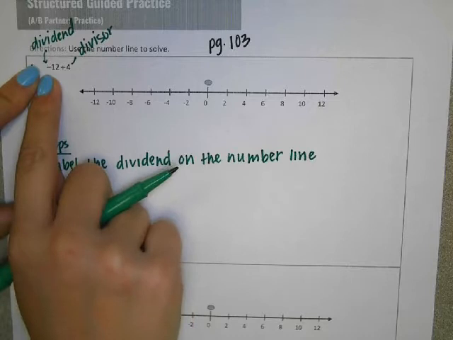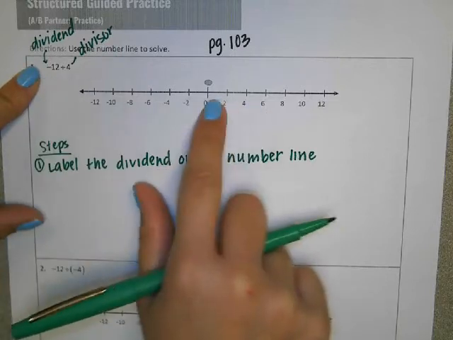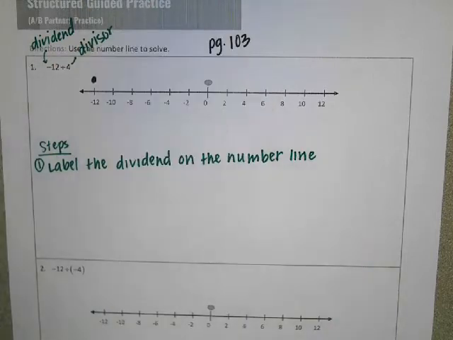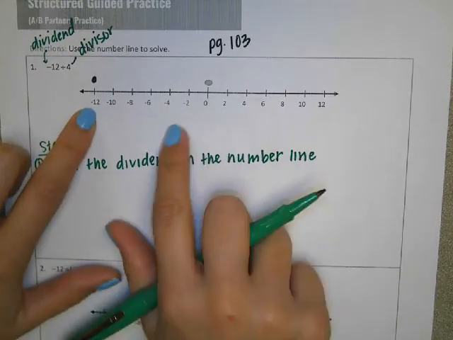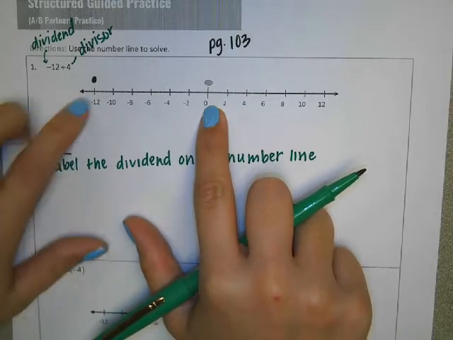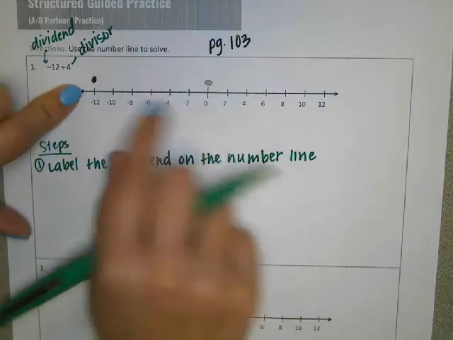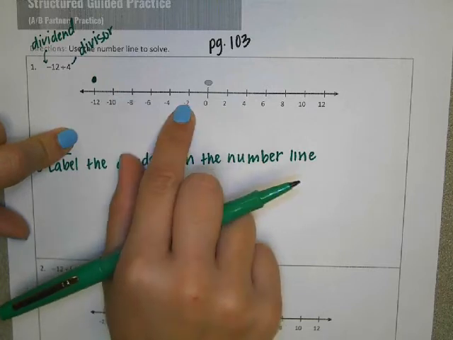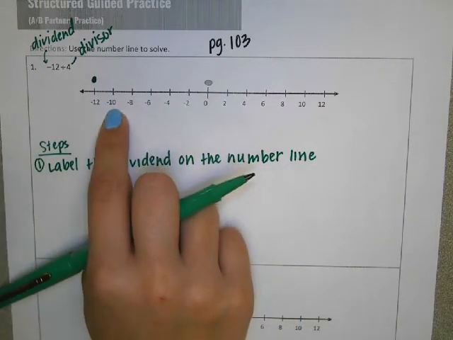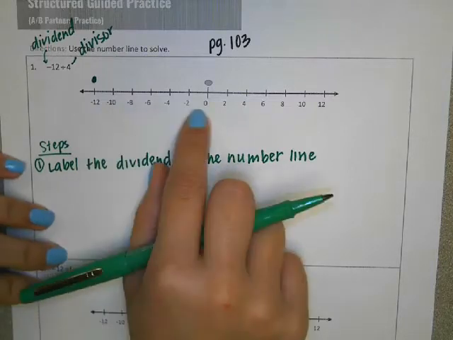So my dividend is negative 12. So I'm going to find negative 12 on my number line, and I'm just going to put a little circle there. So now I have negative 12 labeled and I have 0 labeled, which is perfect because we want to know how many groups of 4 are in here, or how many jumps am I going to take that have 4 in each one to get to 0.